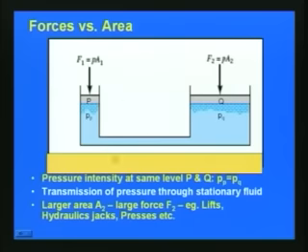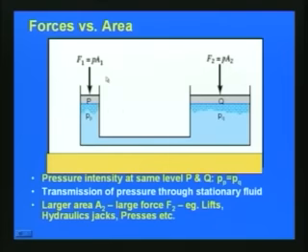Here the pressure intensity is the same at levels P and Q, so Pp is equal to Pq. This is a large cylinder of area A2, and the small cylinder has cross section area A1, and the pressure intensity is the same P at this point and at this point on the lid of the cylinder.